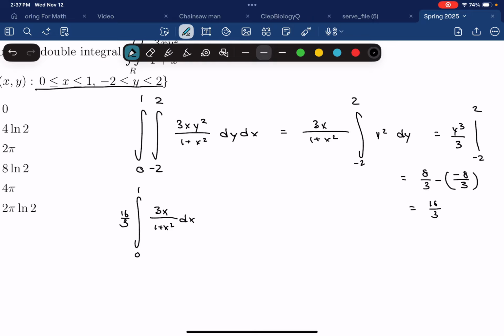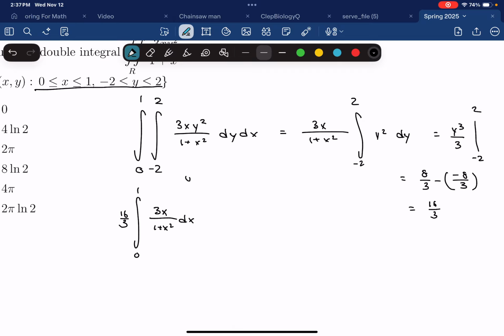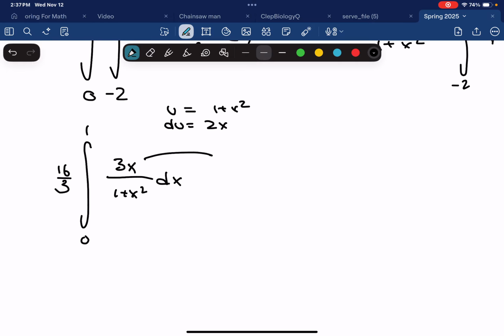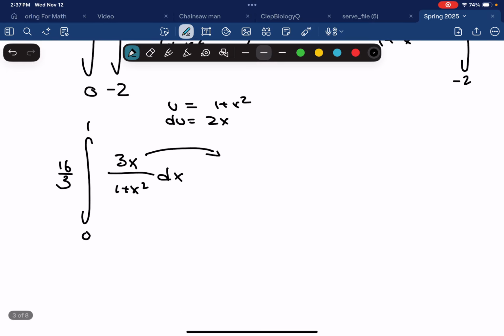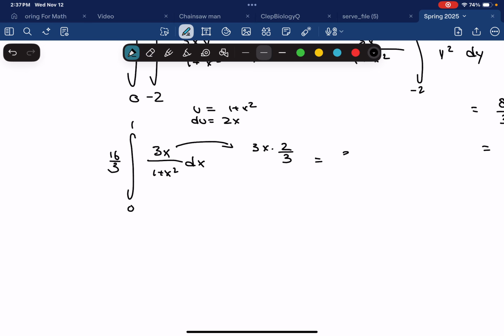We're going to do a bit of u substitution, where u is 1 plus x squared. du in this case would just be 2x. Now, this is kind of weird. In order to get this, we have to do 3x multiplied by 2 over 3, which ends up with 3 over 2 to cancel it out, times 1 over u.